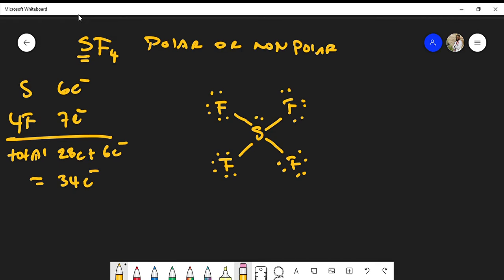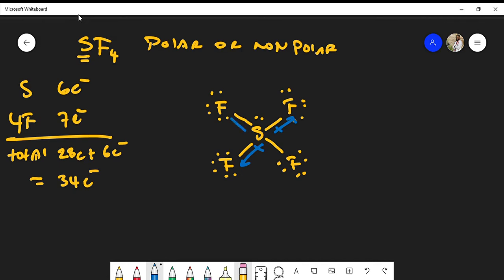Now, to determine if this molecule is polar, you really have to get the geometry right. Now, if we just look at this structure like this, and we draw our dipole moments, then we know that fluorine is more electronegative than sulfur. So the electrons should be hogging the fluorine atoms.